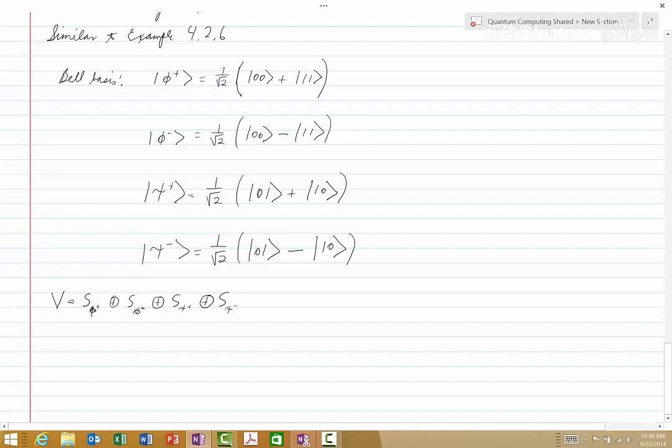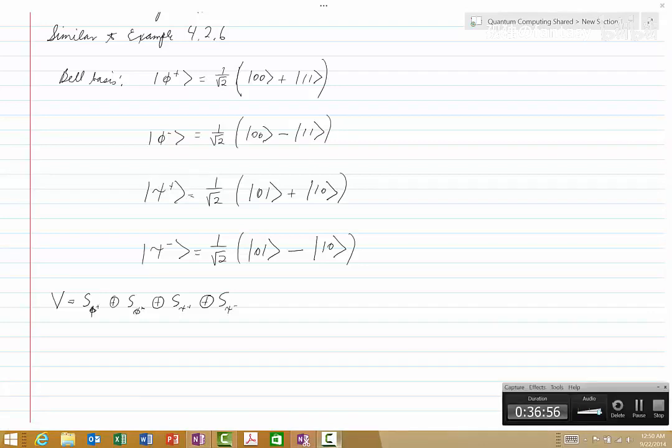The basis for this subspace S sub psi plus is psi plus, and finally the basis for S sub psi minus is psi minus. And so if we look at the problem in that way, then we can see the way to proceed with this.